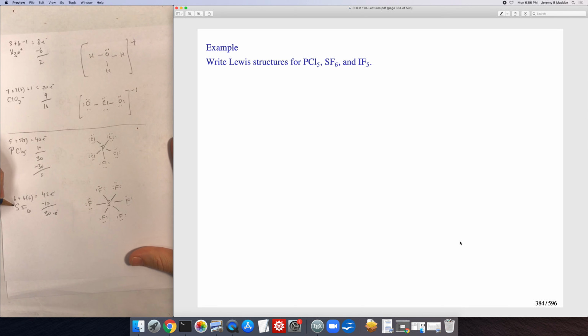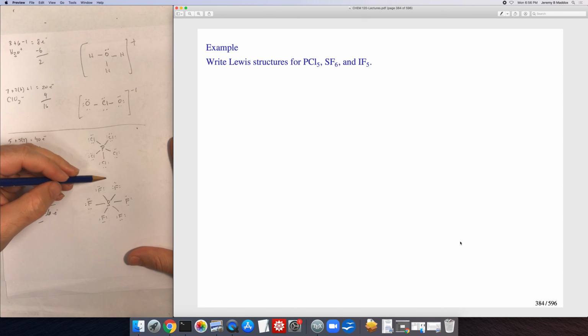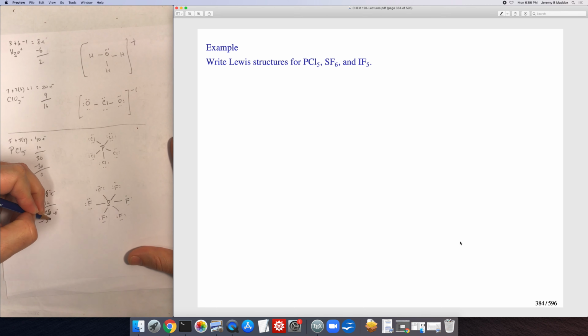Let's see. So, yeah, 6 times 7. Each fluorine has 7 valence electrons, so I got that one wrong. So we've got 42 plus 6, 48, minus 12 is going to give us 36. I just put 6 electrons on each of the 6 fluorines, so that's minus 36 down to 0. So this is the correct Lewis structure here.